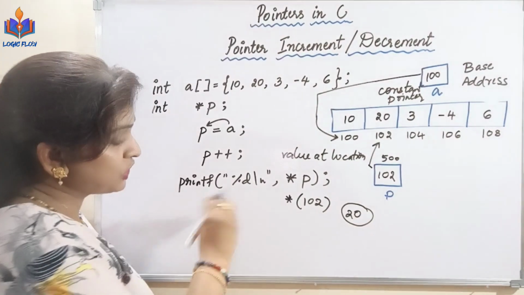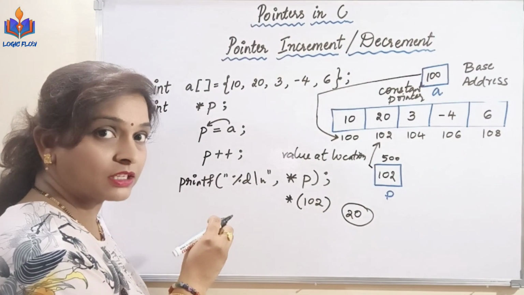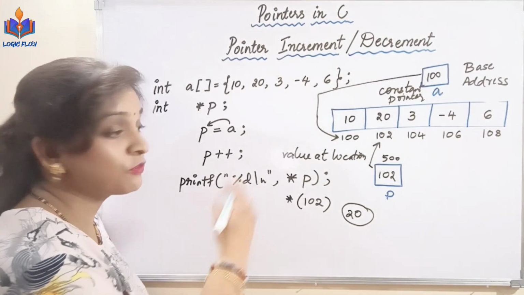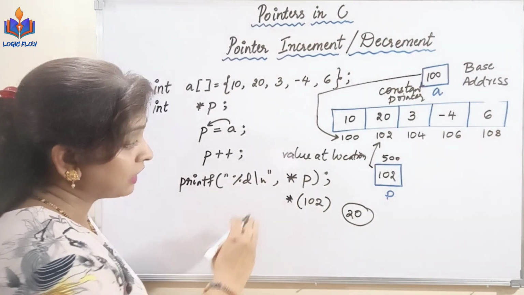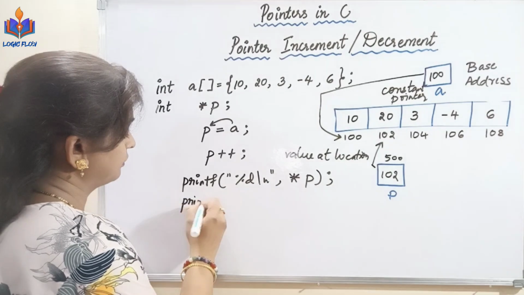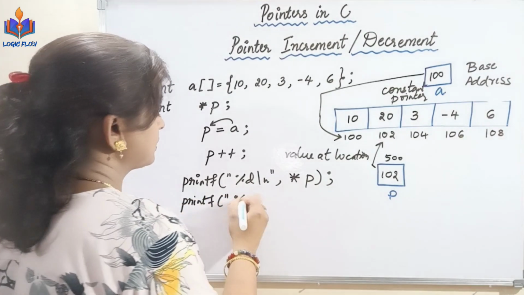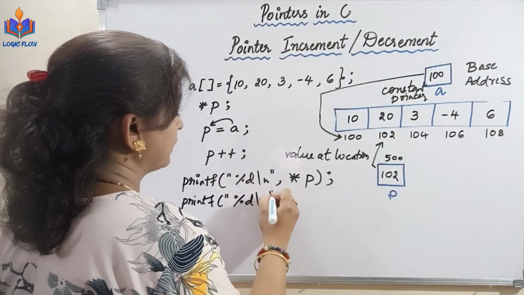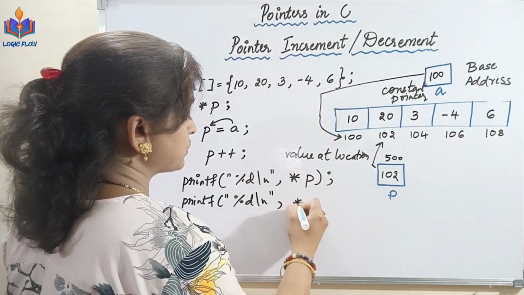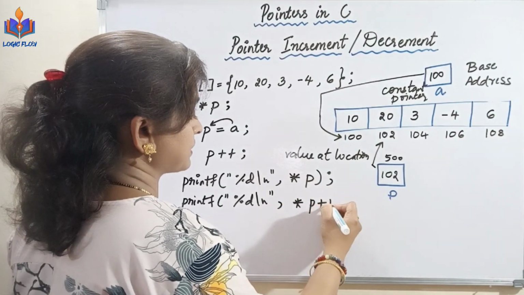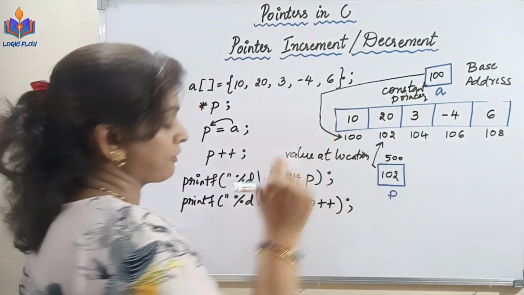Okay. Now let me change the statement. Let me incorporate some prefix and postfix increment and decrement and we'll see what happens. printf %d, then I'll say asterisk P plus plus. Now observe this carefully.